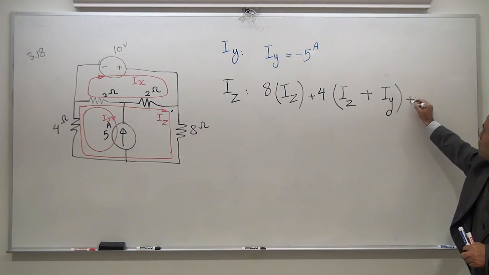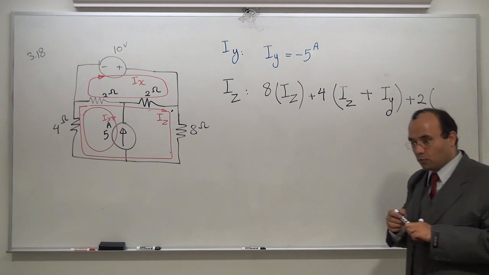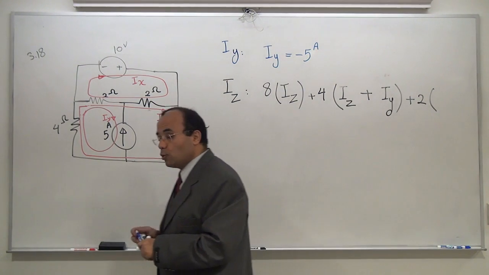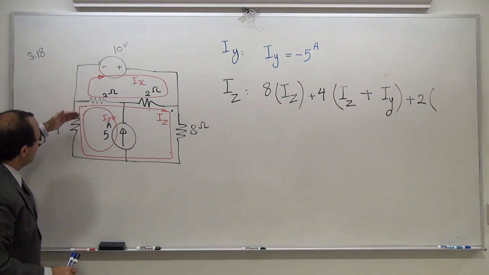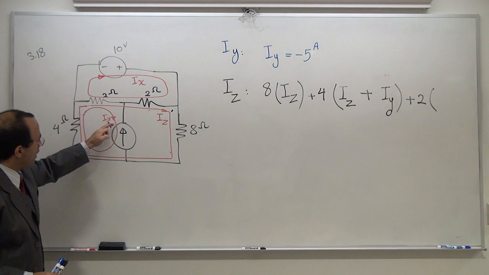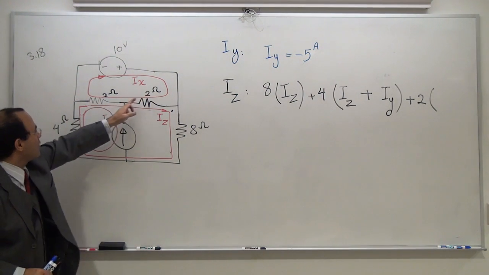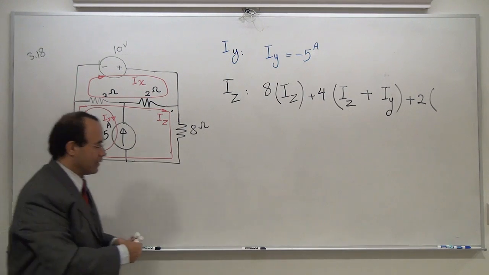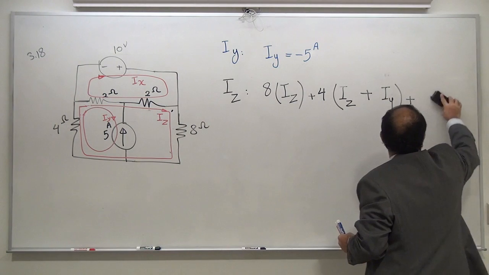Let's continue my journey through 2 ohm. That's another challenge you need to see. In 2 ohm, I don't see just 2, I see 3 loop currents. IZ is coming. IY is coming in the same direction, but IX is opposing it. Actually, I want to write that down so that I have all the components.